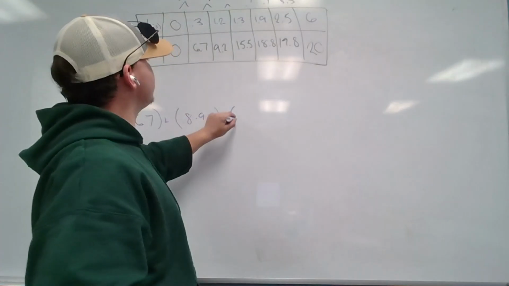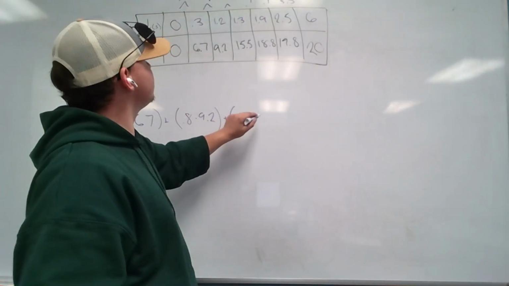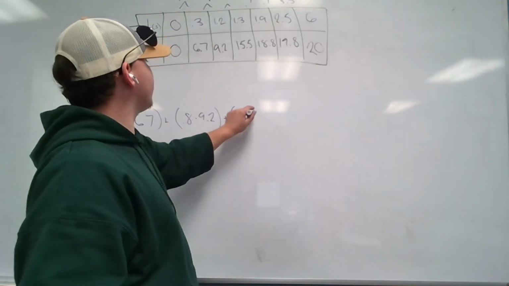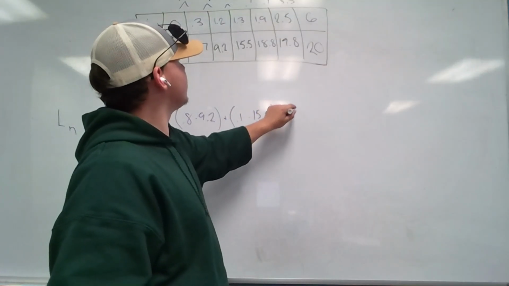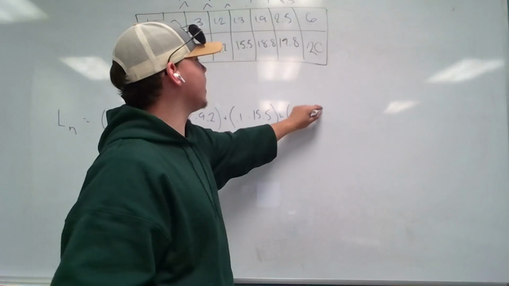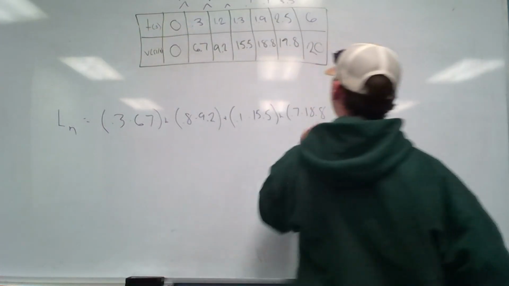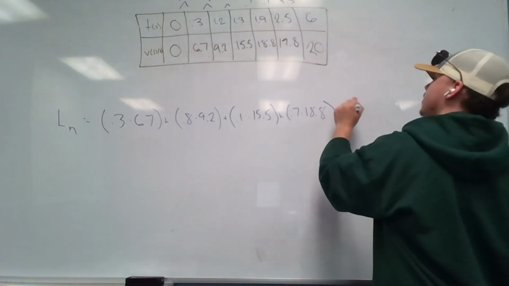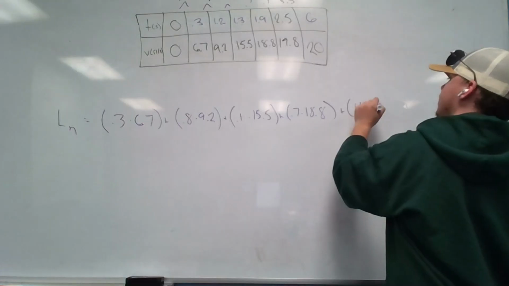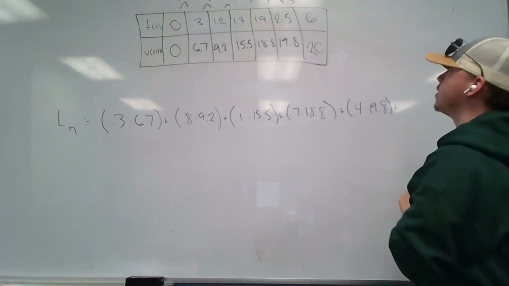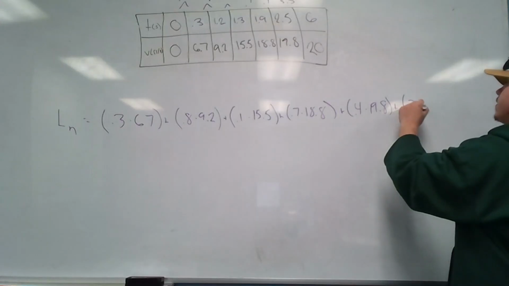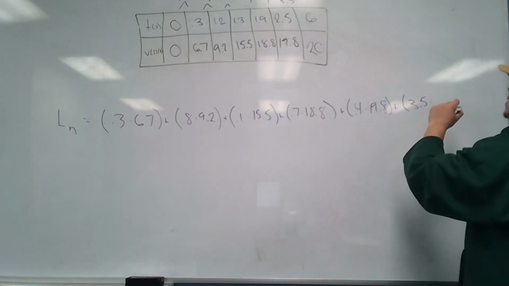Now, the next one is going to be 0.1, because that's our change in x, times 15.5, plus 0.7 times 18.8, plus 0.4 times 19.8, plus 3.5 times 20.